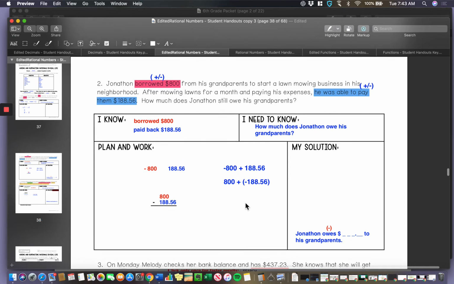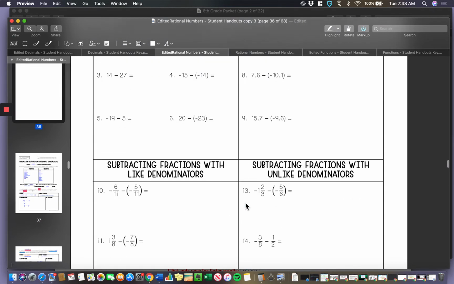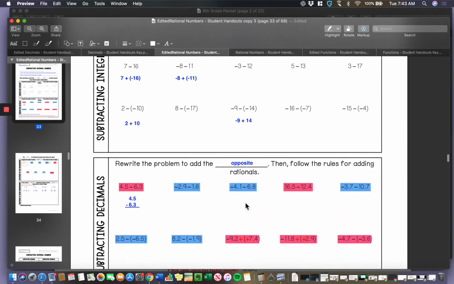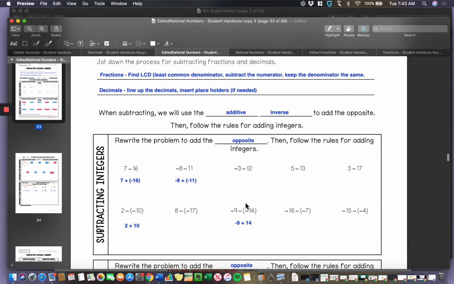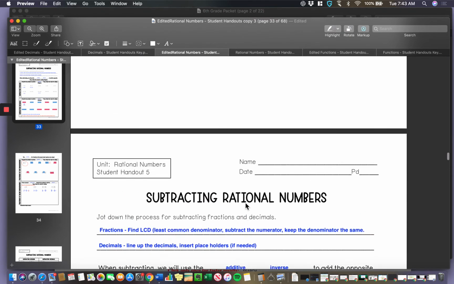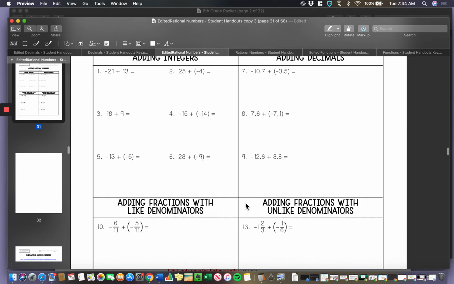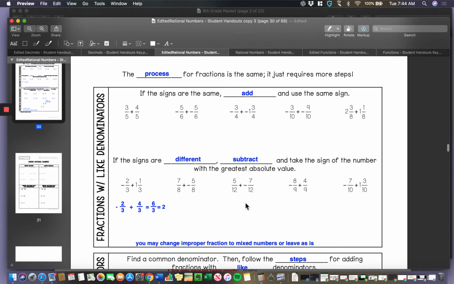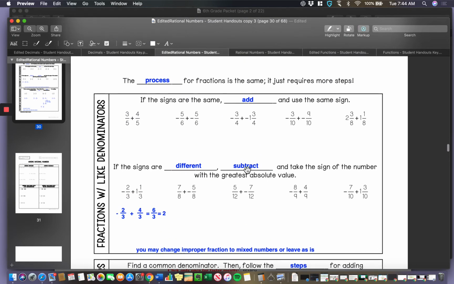And if you want to look back up here, let's find the rules for when we have different signs. All right, if the signs are different, subtract and take the sign of the number with the greatest absolute value.